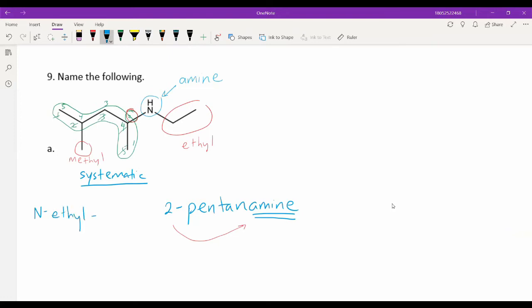So we're going to say N-ethyl and then 4-methyl 2-pentanamine. So again, substituents in alphabetical order. If it's coming off of nitrogen, capital N dash that. Otherwise, if it's coming off of the parent or root chain, number it like normal. That can be kind of weird at first, but hopefully that makes sense and you can practice some of those.